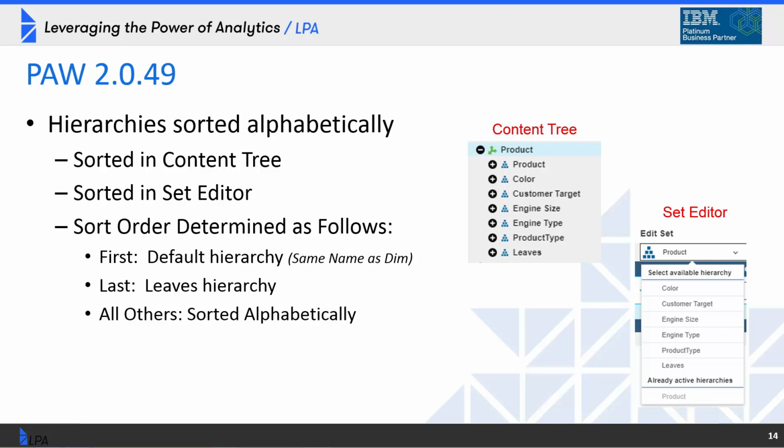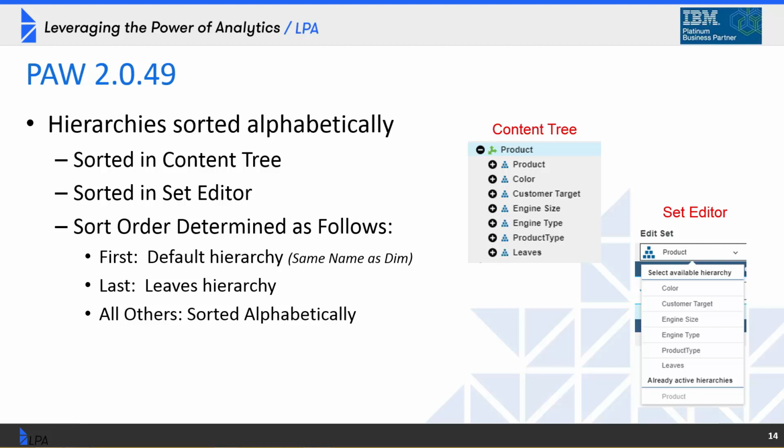Also in Workspace version 2049, there's some additional functionality that's been released, and it alleviates some frustrations that customers have been clamoring about, and how hierarchies are sorted automatically in the content tree.